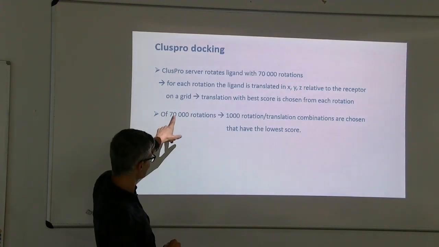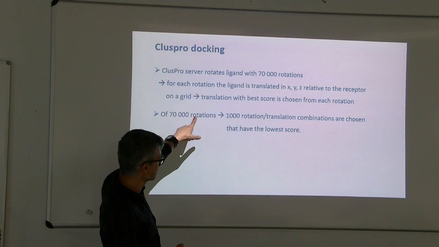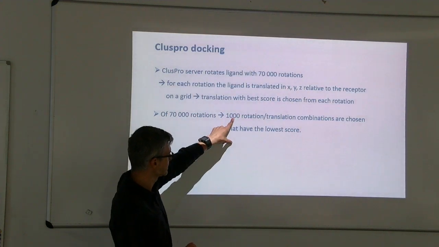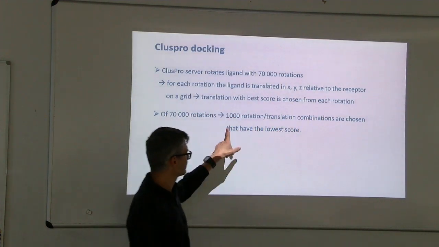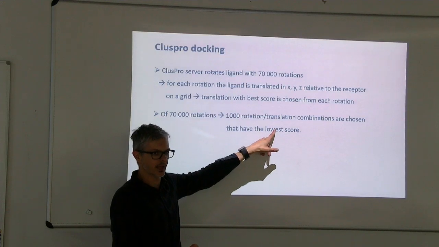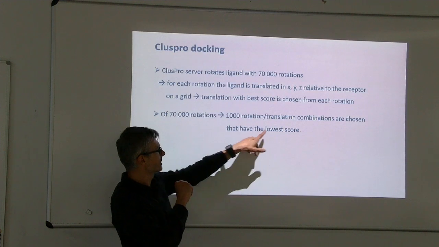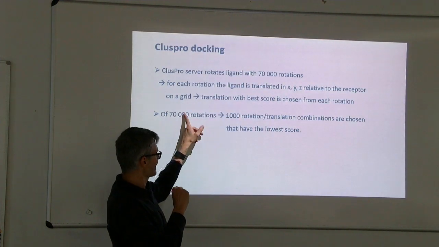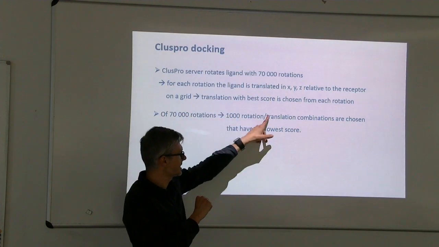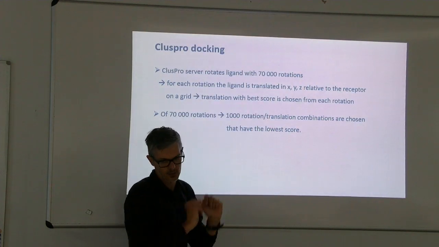Of those 70,000 different rotations, it chooses 1,000 combinations that have the lowest score. So it looks at how it can make contact, calculates a score, and of the 70,000, the 1,000 rotation translations with the lowest score, it keeps those.